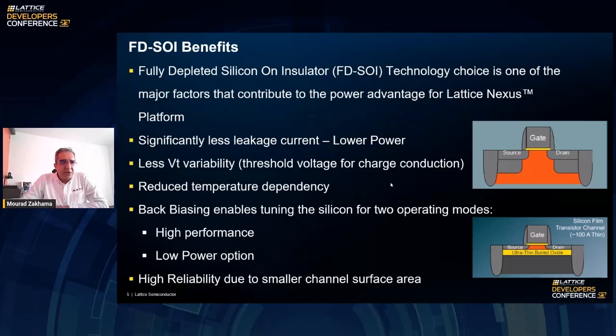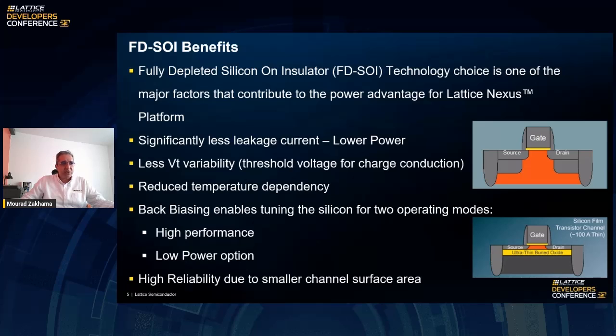The FD-SOI process node offers a solution to this by adding a buried oxide layer that diminishes the size of the conductive channel compared to the bulk silicon implementation. This technology also offers the possibility to apply a biasing voltage to tune the characteristics of the transistor for power or for higher performance.